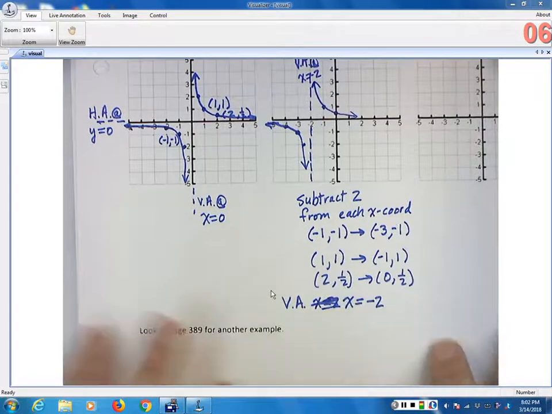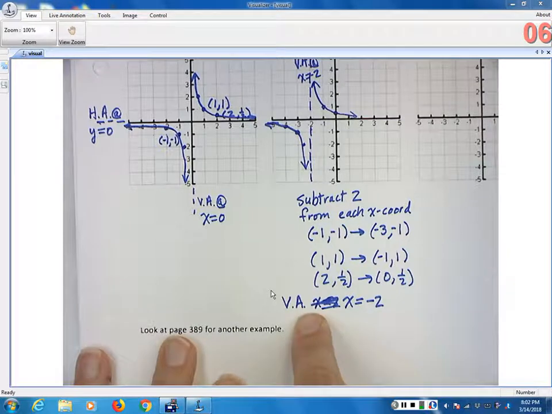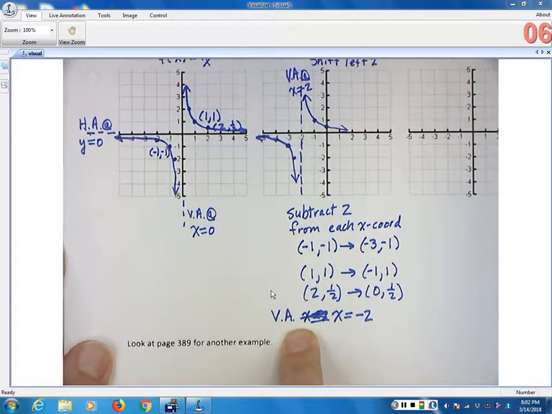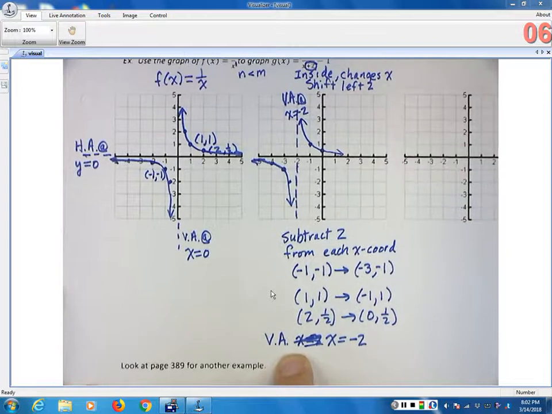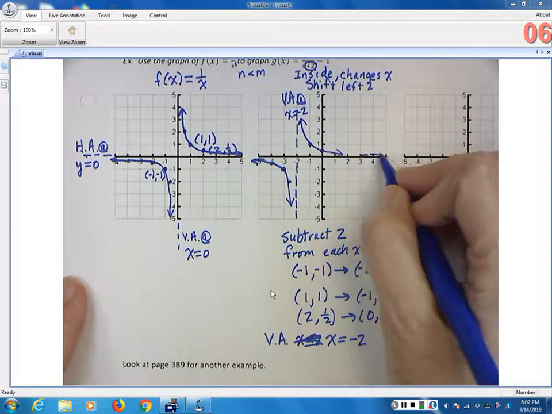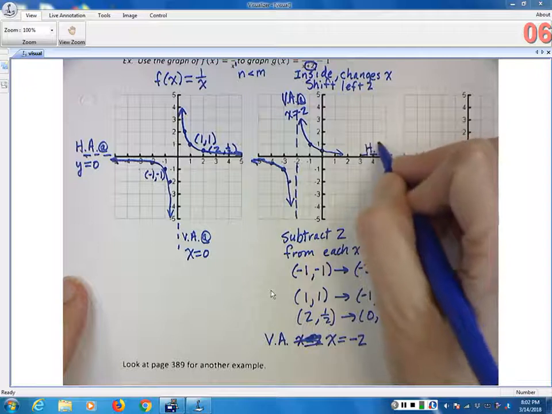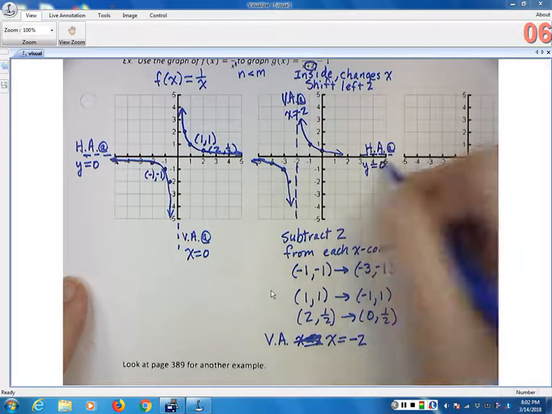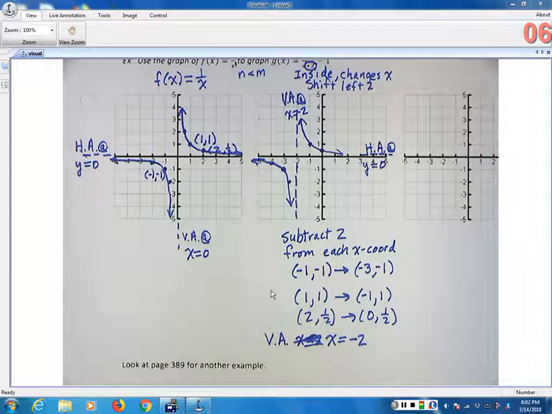You definitely need to shift your vertical asymptote. What happens with the horizontal asymptote when we shift left? It stays right here at y equals 0. The horizontal asymptote stays at y equals 0 when we shift left or right.